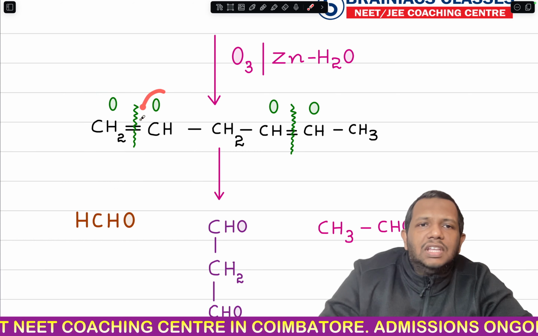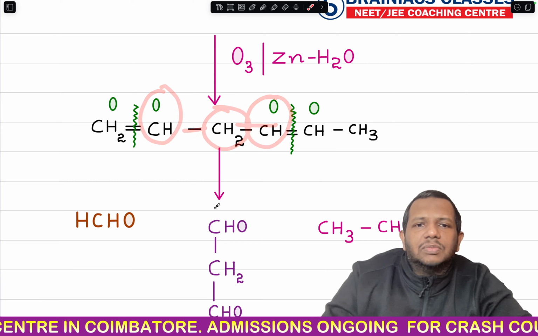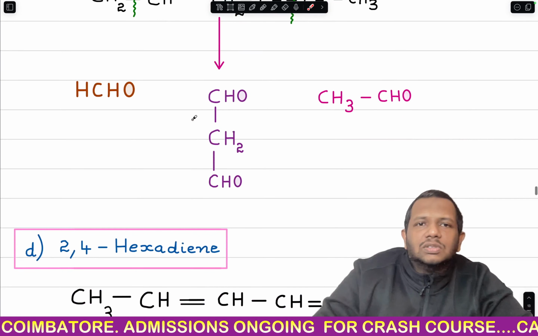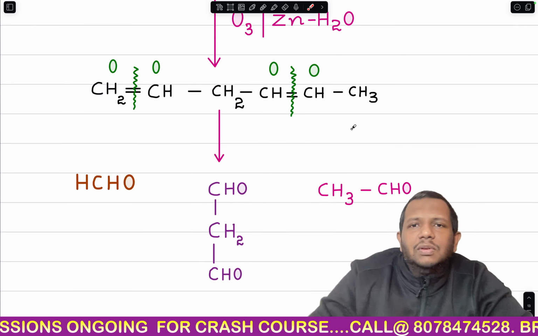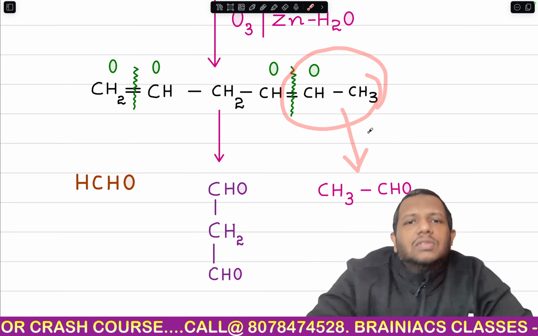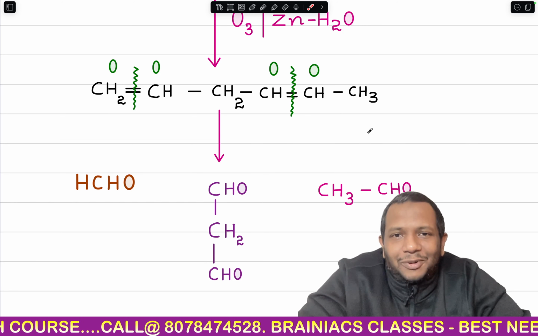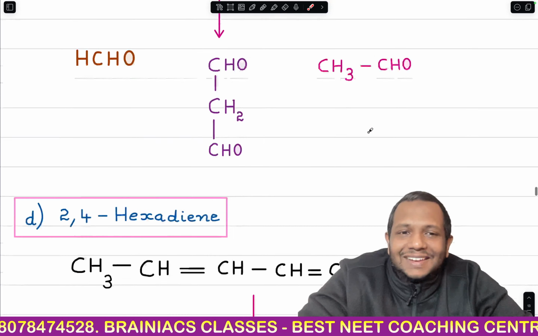This will become CHO, CH2, CHO. And the last one, CH3, CHO, it is becoming. So you are getting again a different compound. We need glyoxal and 2 molecules of ethanal, but we are not getting that until now.